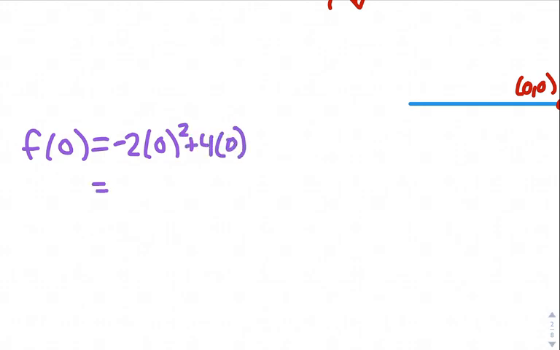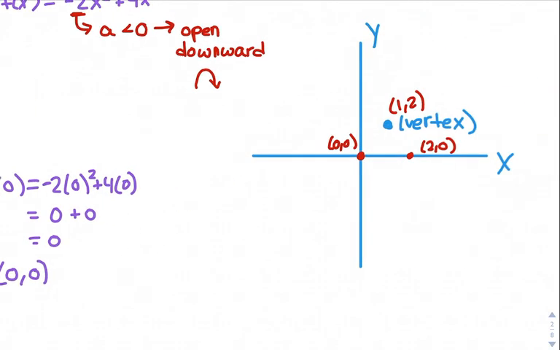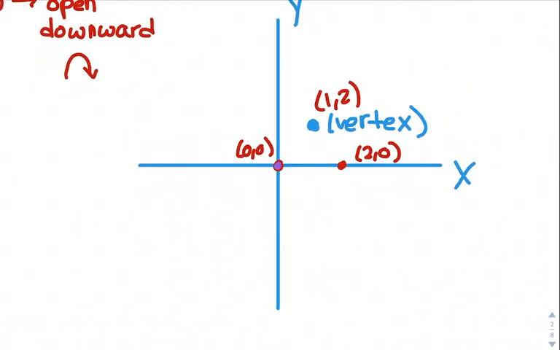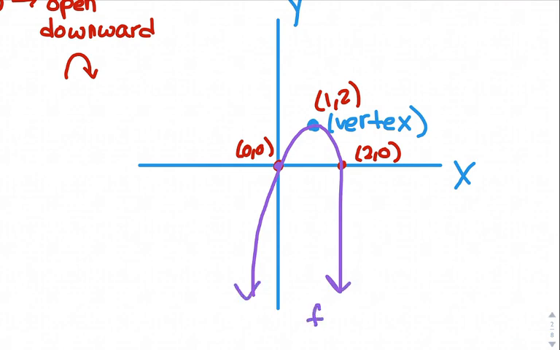Well, negative 2 times 0 squared is 0. 4 times 0 is just 0. So that means my y-intercept is (0, 0), which is okay because it's the same as my x-intercept. So now all you have to do is connect the dots and then label your graph with the original function before you expanded it.